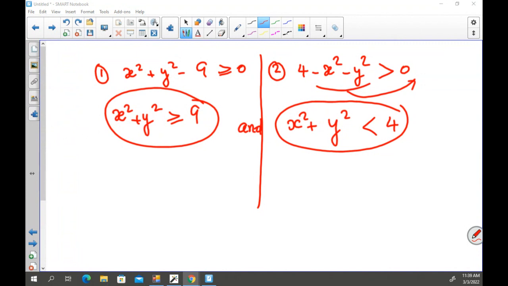Is that possible? No. If I swap this 4 and this 9, then it will be okay. So yeah, there's a slight problem with this question, actually.